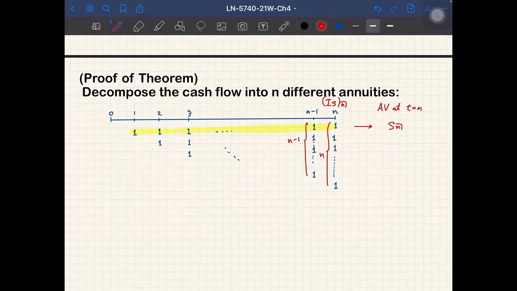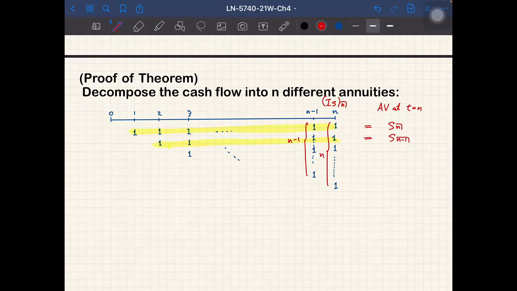Okay. And the second one, what's the accumulated value? You can see that we just have n minus 1 payments, and the accumulated value is simply s angle n minus 1.